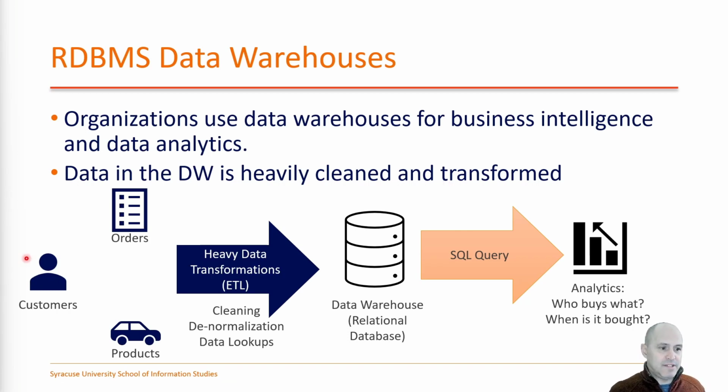And you would take this data from traditionally relational sources, like you had orders and customers and products, and you would apply some pretty heavy-duty transformations to introduce things like data cleansing, data quality screening checks, introducing time variance into your data, and then that data would sit at rest in your data warehouse, and then that data warehouse would be ad hoc queried with SQL so that you can get what are called retrospective analytics.